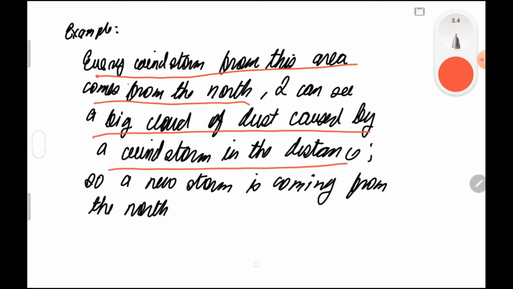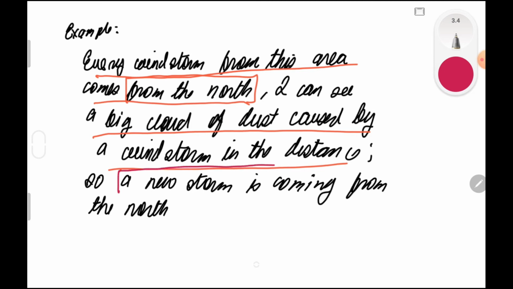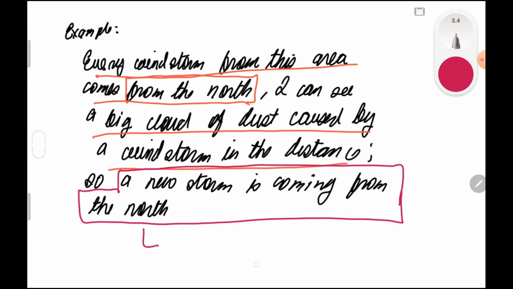So, therefore, the educated guess for this one, or yung conjecture natin para dito, is this one: a new storm is coming from the north. So, this will be our conjecture, or pwede rin natin itong tawagin na conclusion. Okay? So, take note that conjecture is an educated guess.